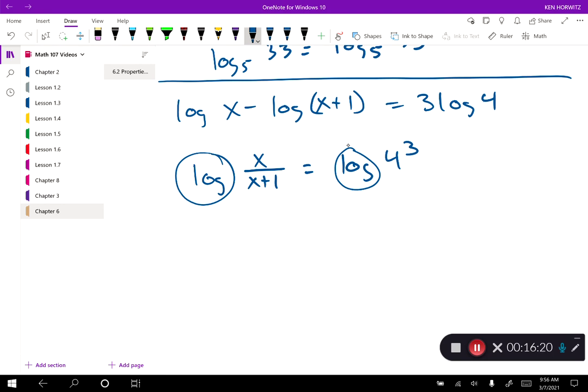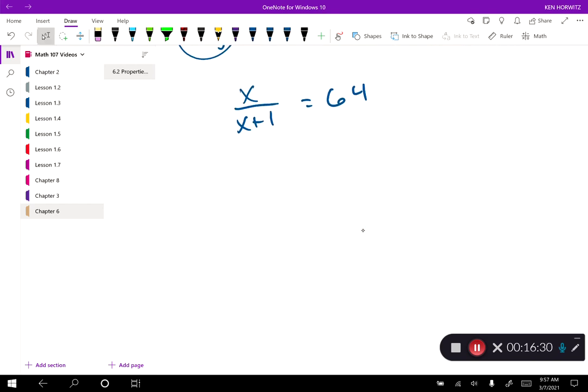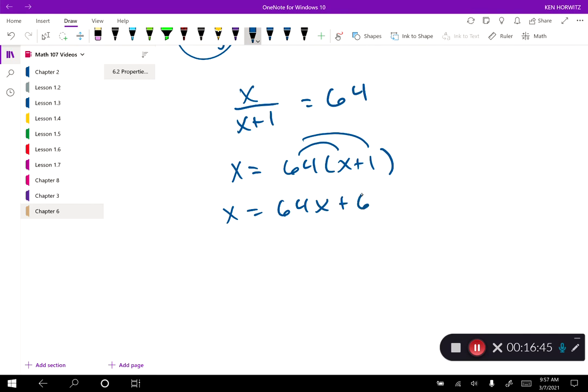I love my one-to-one property, and I'm left with x over x plus 1 equals 64. Now from here, again, just a few steps of algebra. I'm going to multiply both sides times x plus 1. I get x equals 64 times x plus 1. Then I get to distribute. I get x equals 64x plus 64.